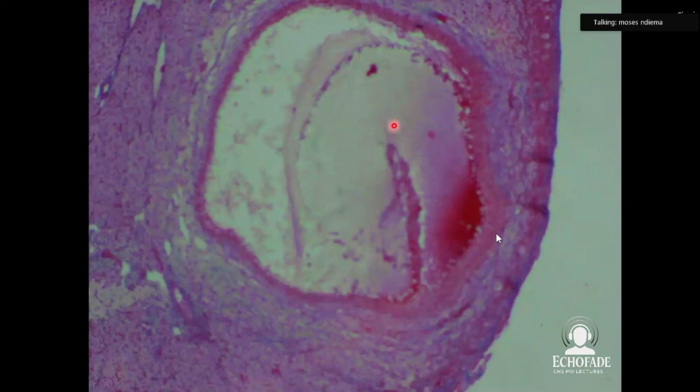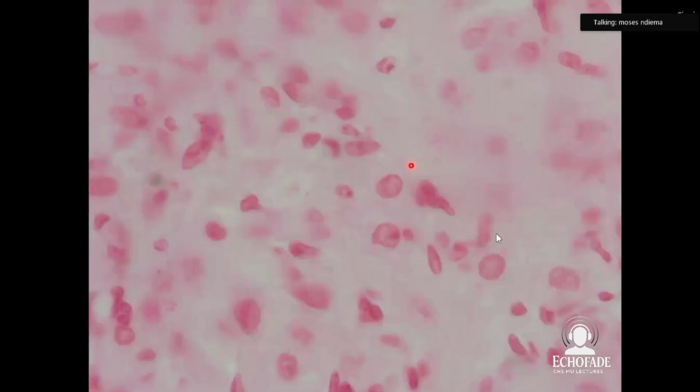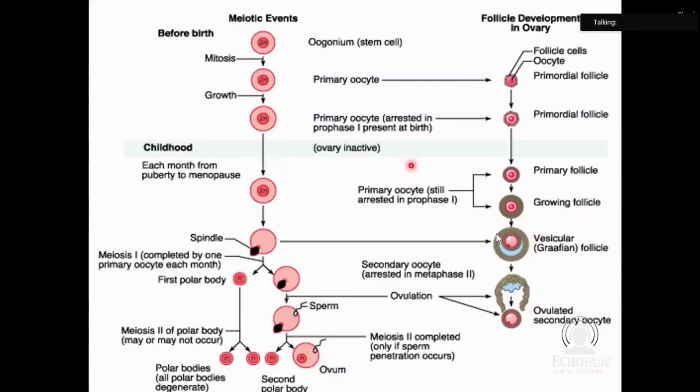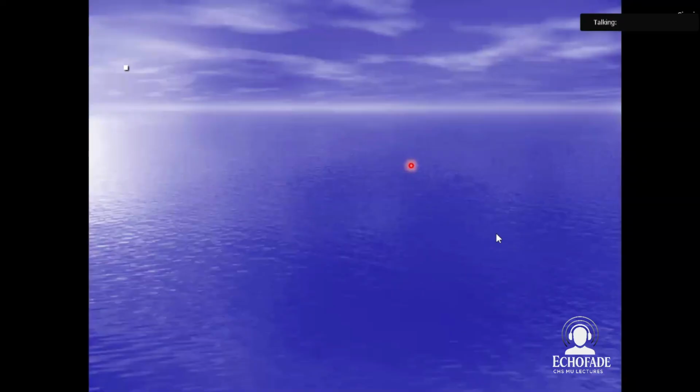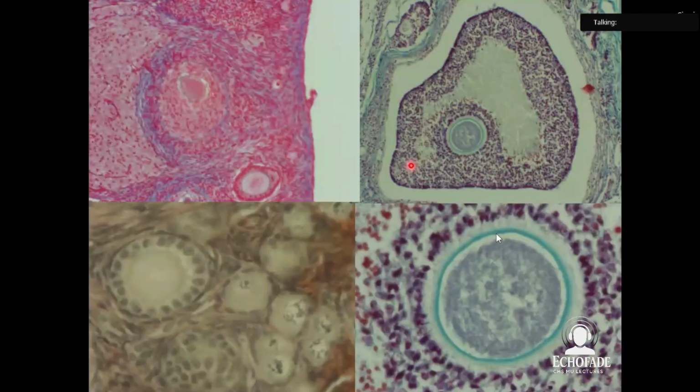Therefore, there'll be no continuous release of luteinizing hormone, and the cells degenerate and form something similar to scar tissue that we refer to as a corpus albicans. So we need to be clear about that.